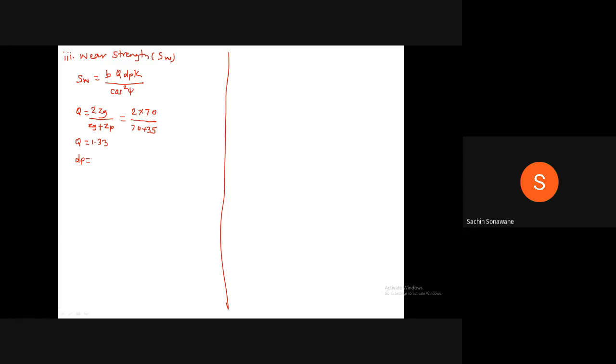DP is equal to Mn into ZP divided by cos psi, which is equal to 5 into 35 divided by cos of 22.91 degree. Calculate DP in mm.